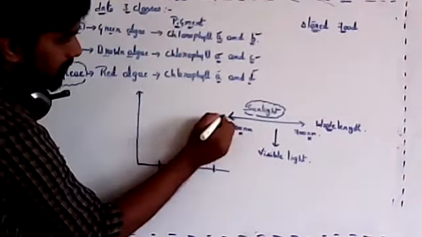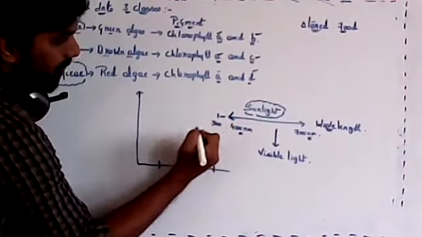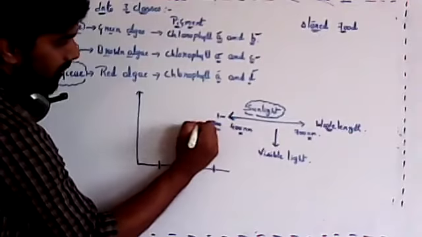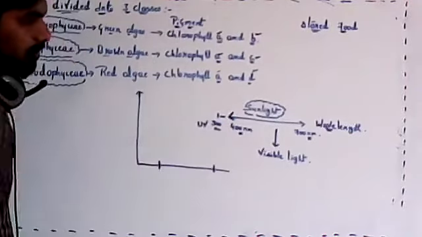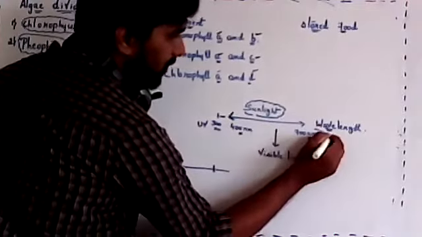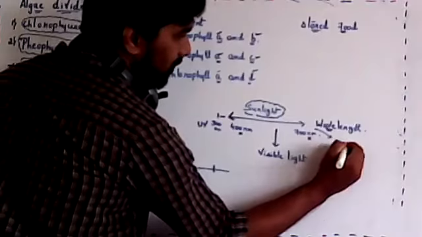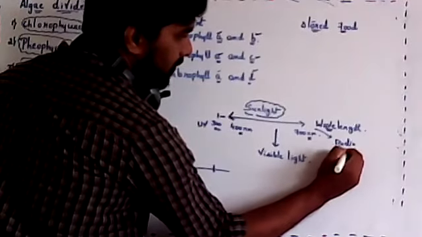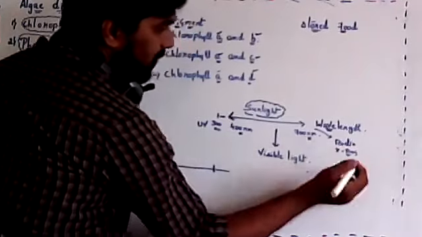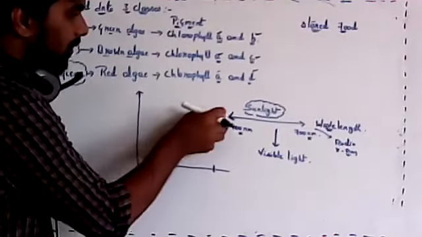Below this 400, if we go here, there will be 300 nanometer. That is ultraviolet. If you go above 700, there are radio waves, X-ray. All those rays will be present after 700, but visible light is only 400 to 700.